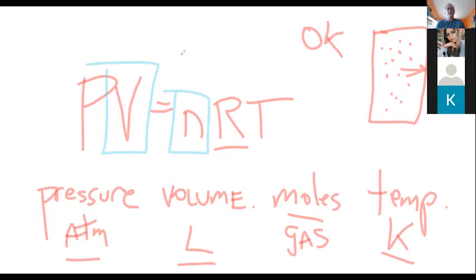If P doesn't change and T doesn't change, what does that mean for our relationship between moles and volume? That means that V1 over N1 equals V2 over N2. Right, it means they're directly related, so we can basically take the others out of the equation.